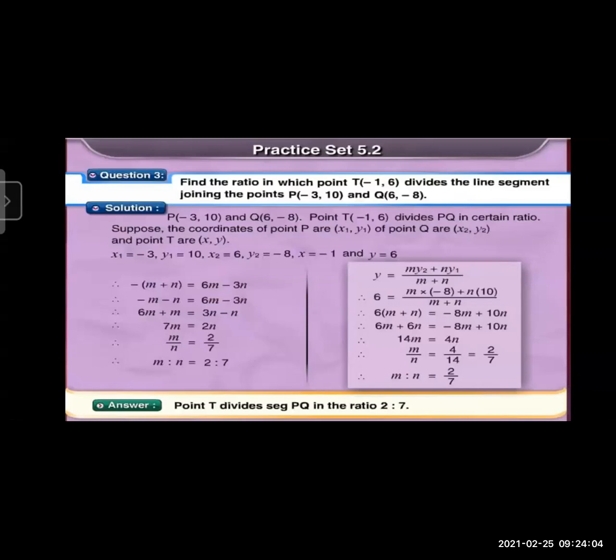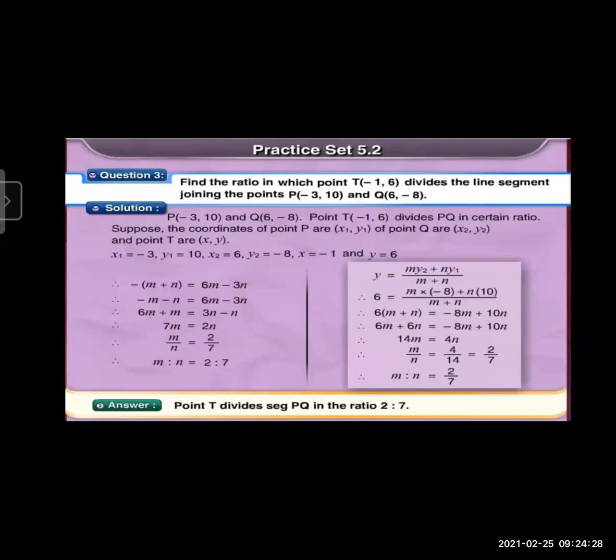We have to find the ratio. We have 2 points. When we join these 2 points, we get a line segment. So we have line segment PQ, and T is the point which divides the line segment internally. So here we have to find the ratio at which this point T divides the line segment PQ.